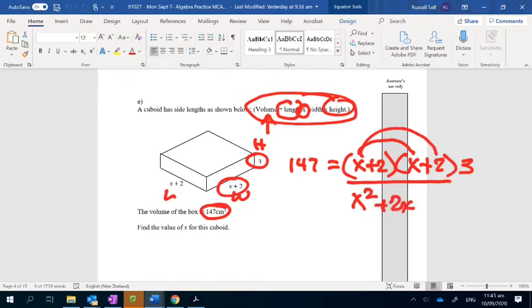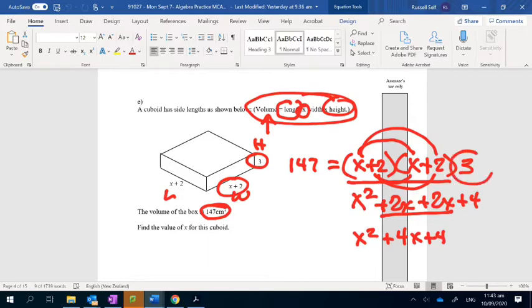Positive 2x. What's positive 2 times another x make? Positive 2x. What's positive 2 times positive 2? Positive 4. We can combine those two middle pieces. You always can when you square a bracket like that. So we get x squared plus how many x's? 4 x's plus 4.